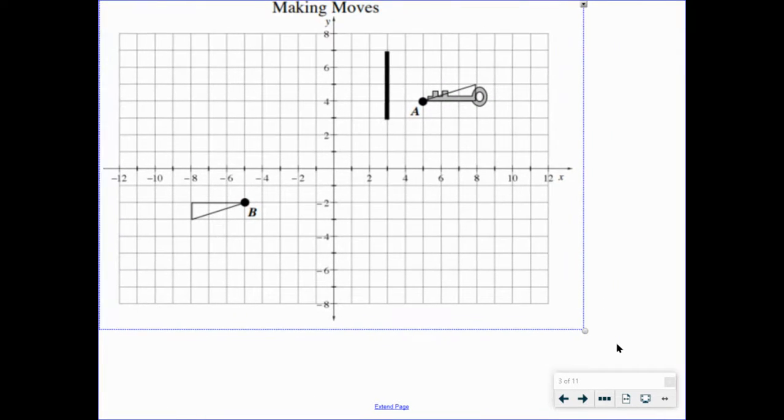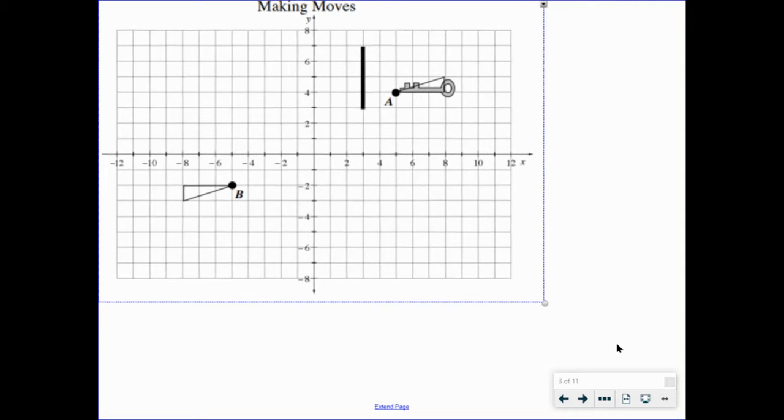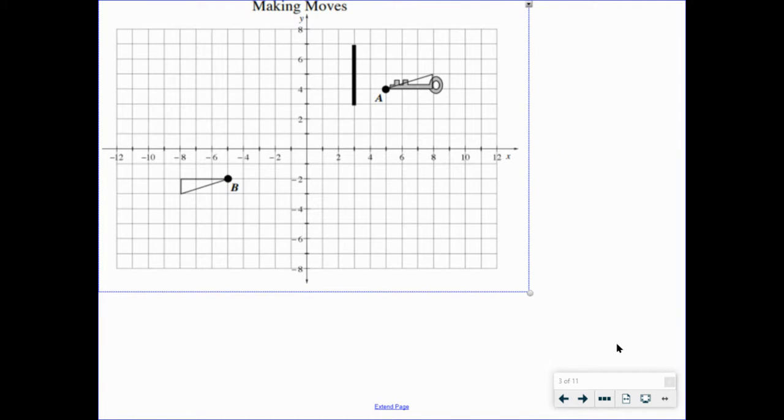I want you to try to find a way to move A to B, and then actually write down the steps. Now, I'm just going to have you try it one way, and then when you're done, you're going to unpause the video, and I'm going to show you one way. You can see if that's the way you came up with, and we'll go from there. Got it? So please pause the video now and try to find one way to get the key from A to B. When you're done, unpause.